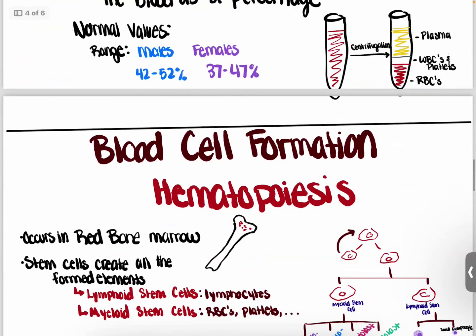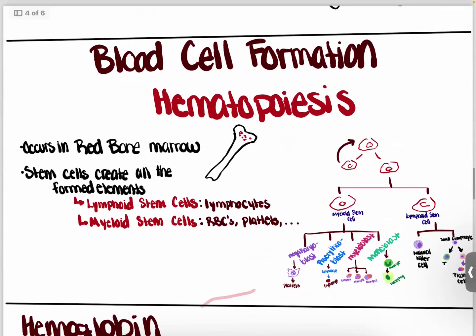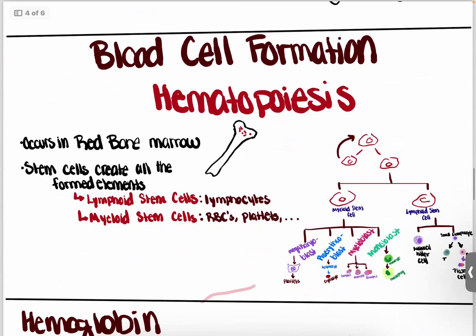Now, these red blood cells that we keep talking about and all the blood cells, how are they formed? They're formed through hematopoiesis. This is the formation of new blood cells. It is constantly going on within the body. We are constantly creating more blood, and it's going on at all times. This occurs within the red bone marrow of spongy bones.